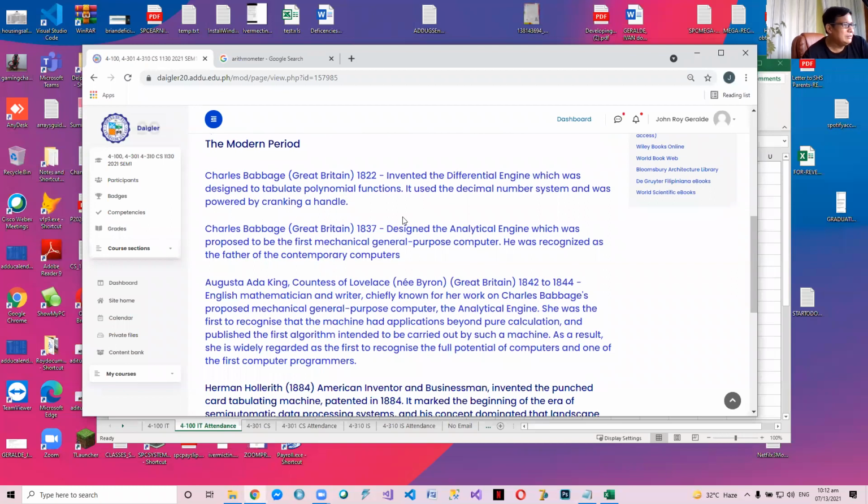Now later, in 1837, Charles Babbage, after having been frustrated with the differential engine, came up with a new design. It's called the Analytical Engine, which was the first mechanical general purpose computer. He was recognized as the father of the contemporary computers and considered to be the inventor of the very first working computer.